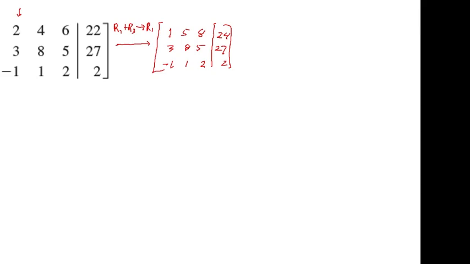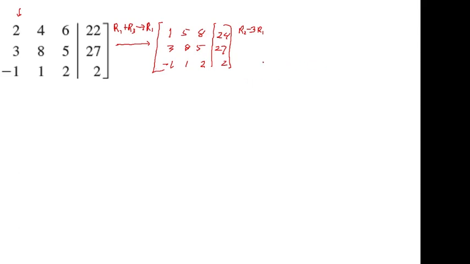So for example, if I take row 2 minus 3 times row 1, 3 times 1 is -3. 3 minus 3 is 0. We will get a 0 in row 2.